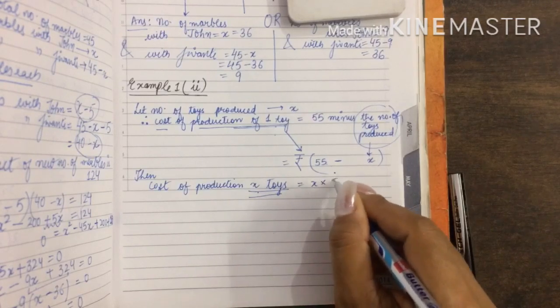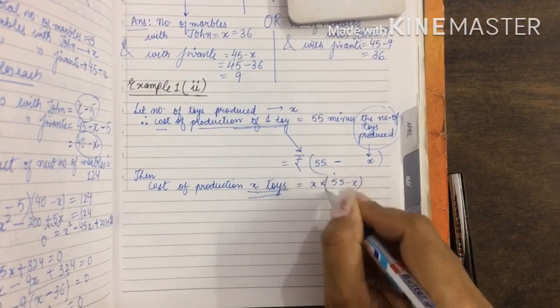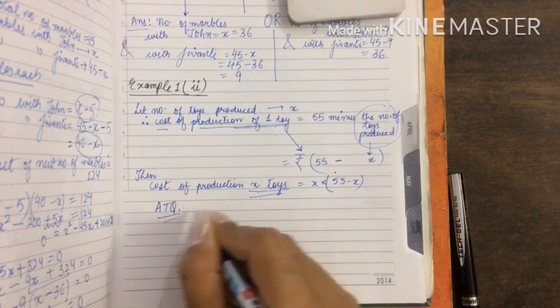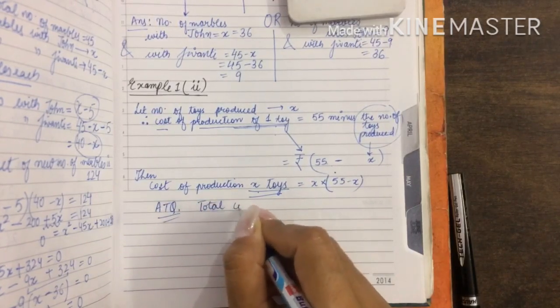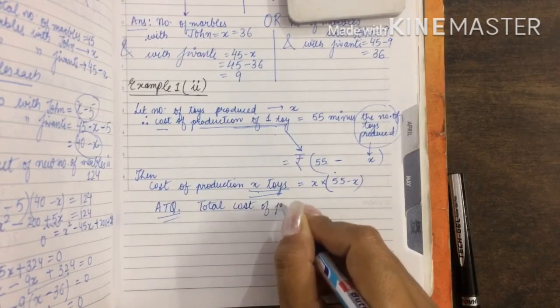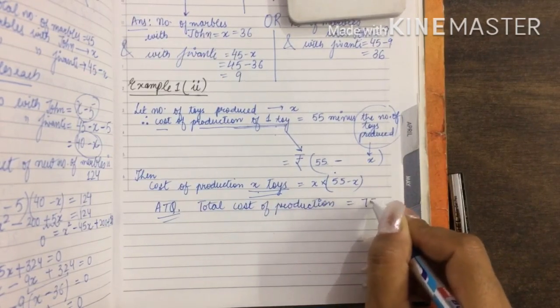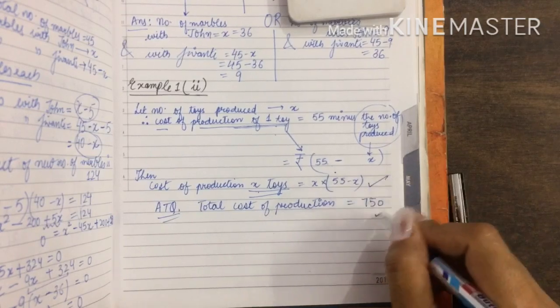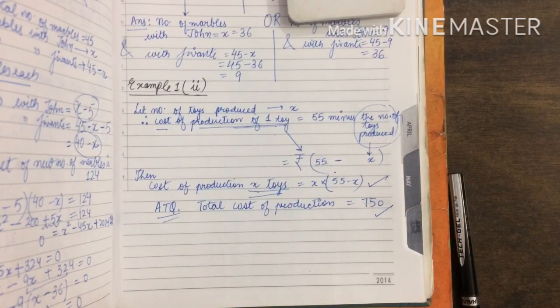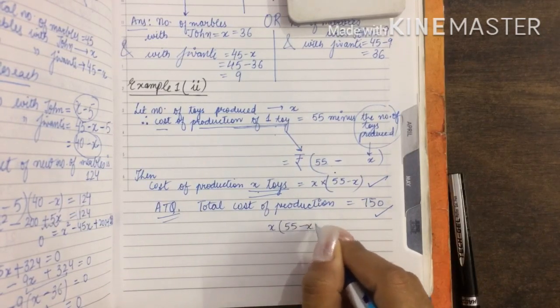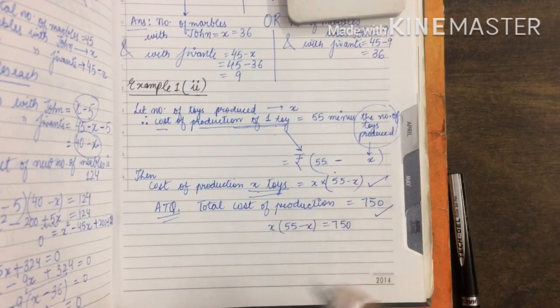This will be x multiplied by 55 minus x. According to the question, the total cost of production is given to be 750 rupees. So that means these two values will be equal, and this is how we are going to get our quadratic equation. So this will be x into 55 minus x equals to 750.